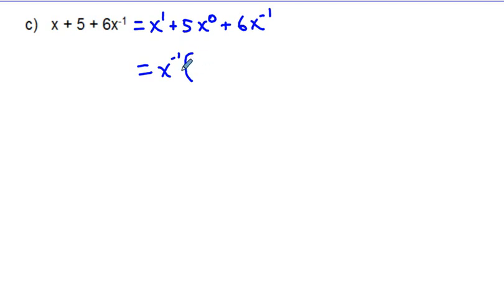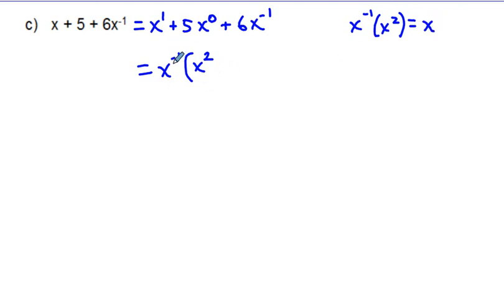and x to the negative 1 power times what equals x to the first power? Well, that's going to be x squared, because x to the negative 1 power times x squared, we add our exponents together, we get x.